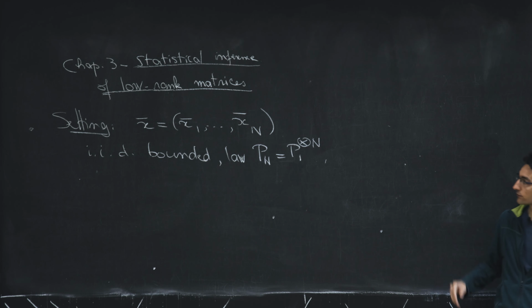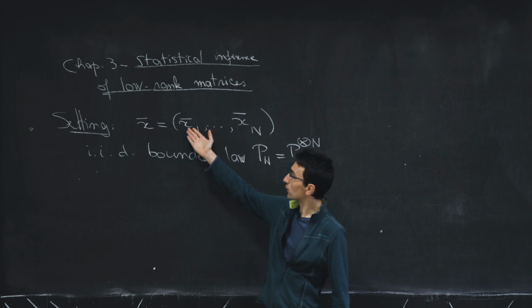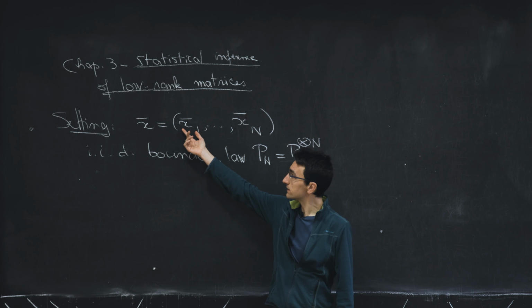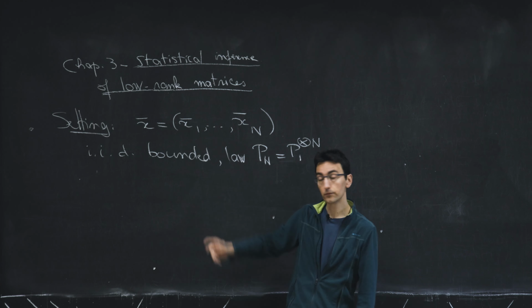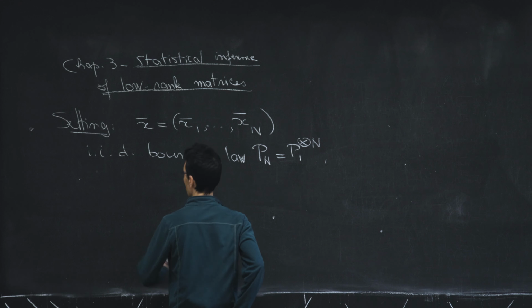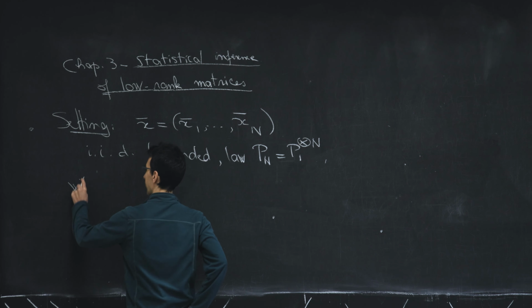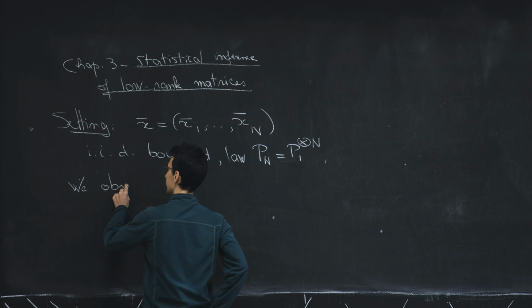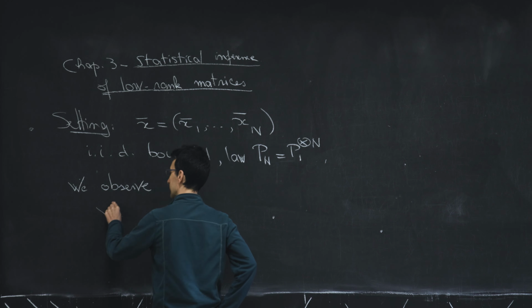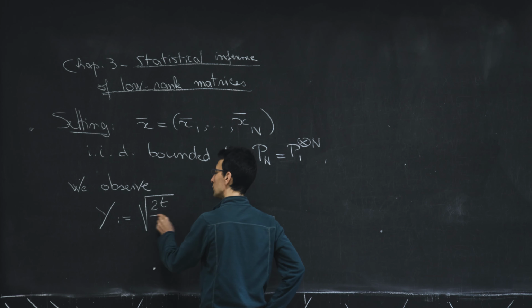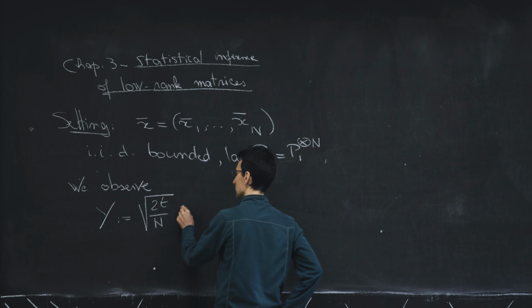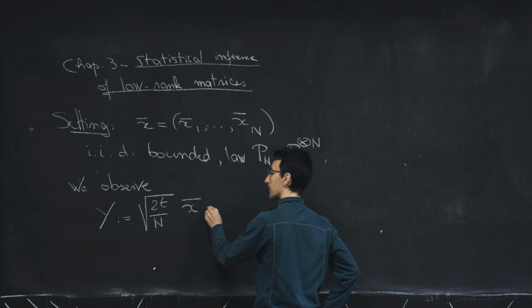So we have these variables that we would like to discover, and what we observe is all of the pairwise products between these variables plus noise. So we observe, let me write this y. So I'm putting a normalization. We'll see later that this is a good normalization, but maybe I'm not going to explain it right away.